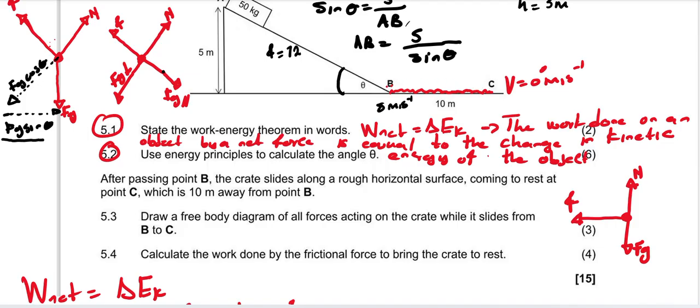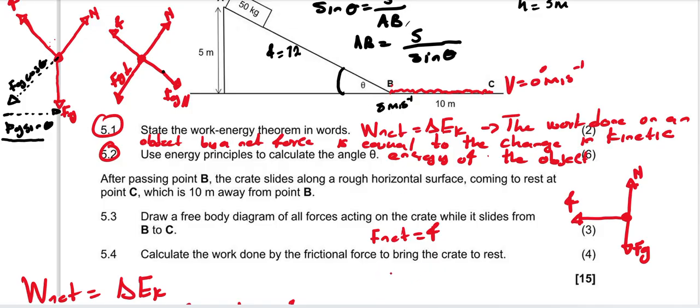Because from B to C, the forces that will influence the motion of the object are horizontal forces, because the object is moving horizontally. Do you get me? So it means that F net is equal to friction. F net equals friction, because the only horizontal force here is friction.